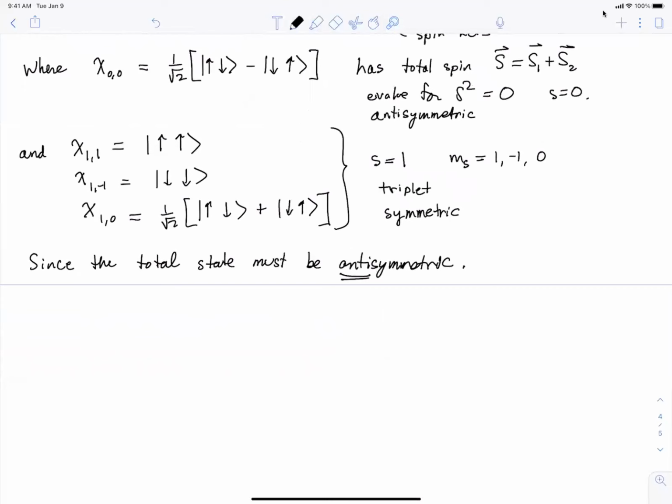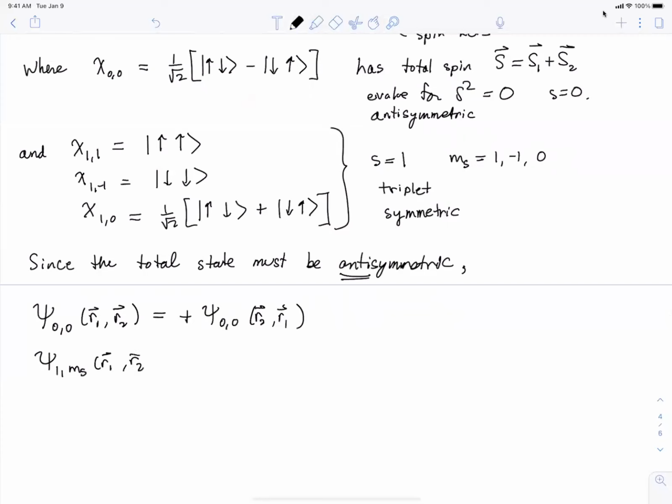So what we learned from that is for this to be antisymmetric, the wave function psi 0, 0 has to give back the same thing if I interchange r2 and r1. Okay, so what that's saying is that 2 electrons can live in the same spatial wave function as long as their spins are antisymmetric. And conversely, they can live in the antisymmetric combination of the spatial wave function, but only if the spins are symmetric.